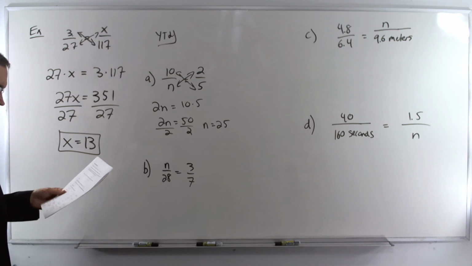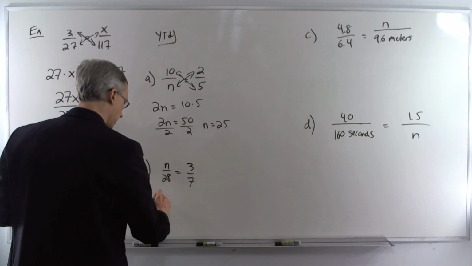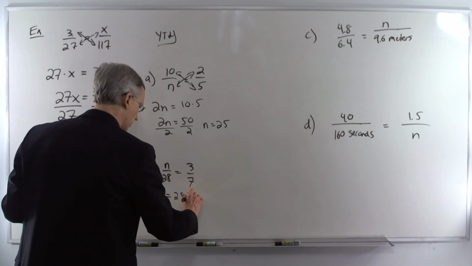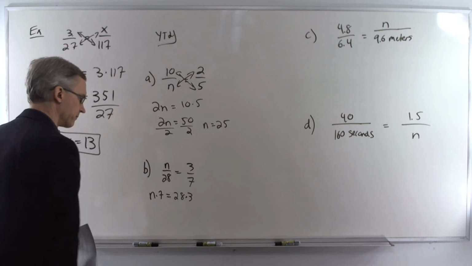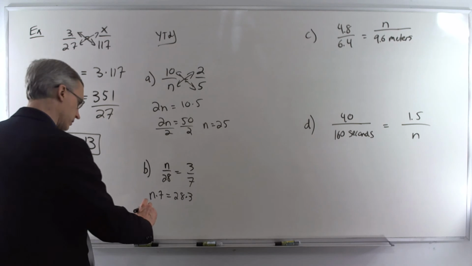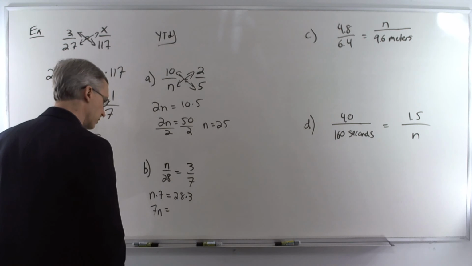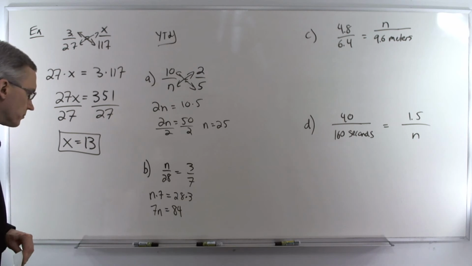All right, part B, n over 28 equals 3/7. So we'll cross multiply. 28 times 3, and n times 7. So that gives us 7n equals 84.